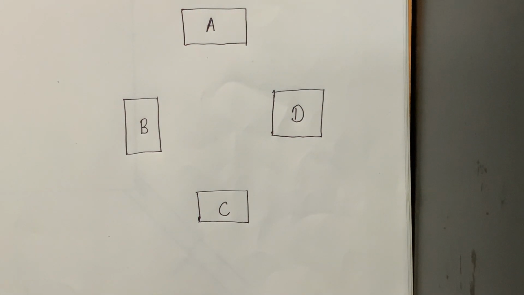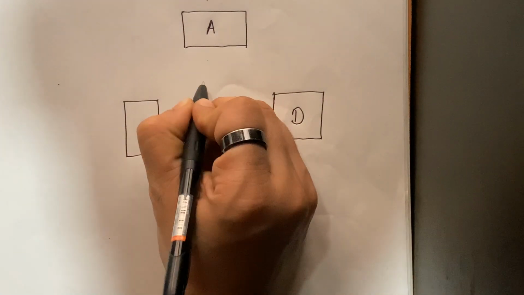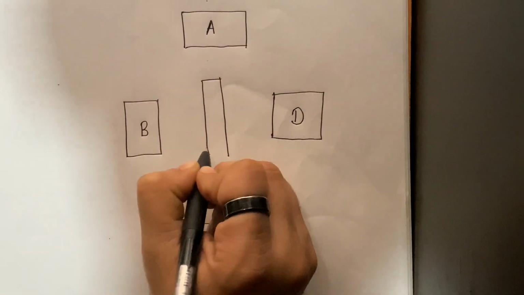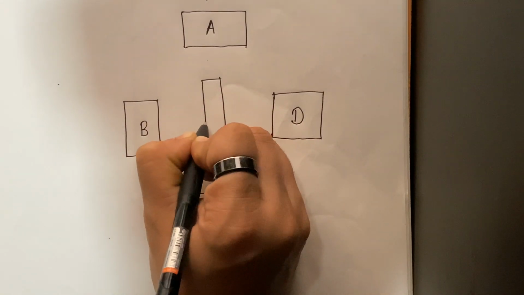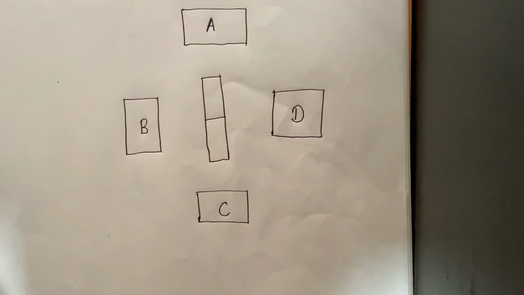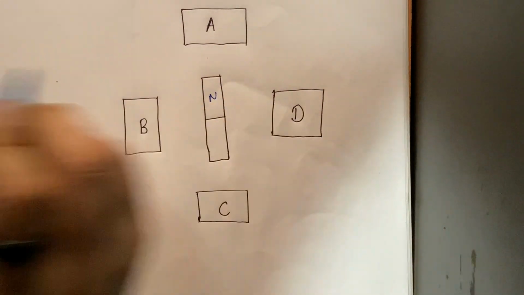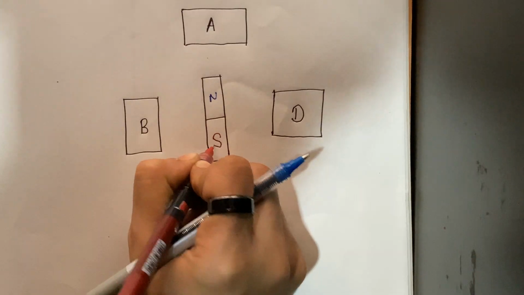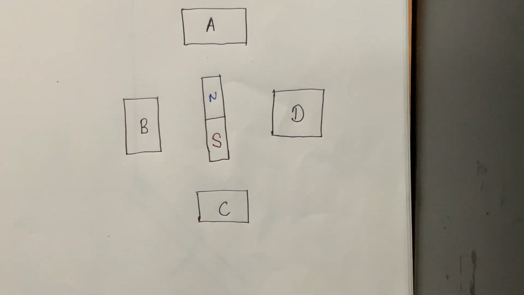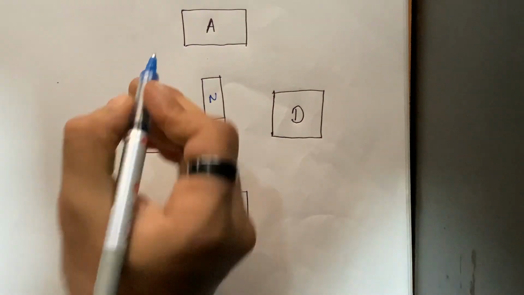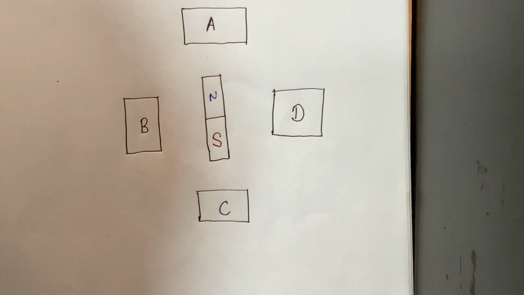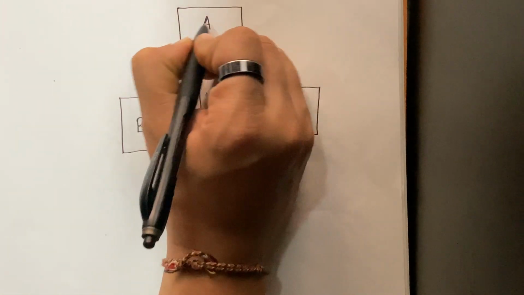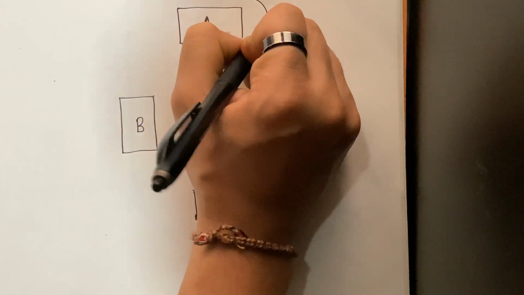Now what we'll do is we'll have a permanent magnet here, wherein this is the north pole and this is the south pole, as you can clearly see. These four magnets A, B, C and D are not stationary.